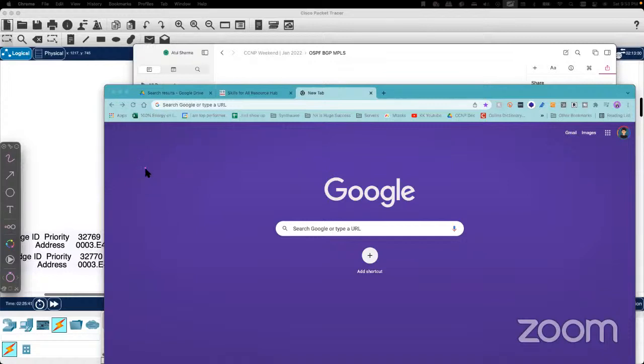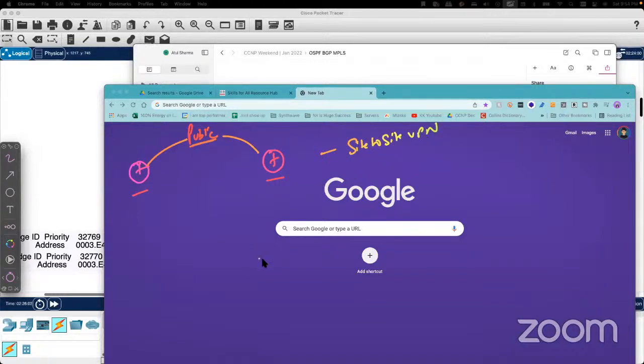Suppose you have a Delhi location and a Mumbai location. When you want to connect these two locations over the public internet, this type of VPN is called site to site VPN.